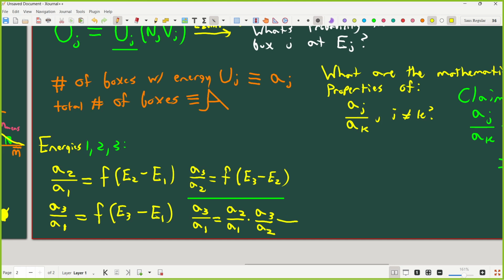And what this says, therefore, let's just plug in the functions now. This says that f of E1 minus E3 is equal to f of E1 minus E2 times f of E2 minus E3.